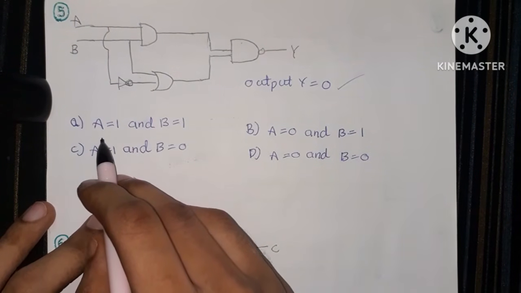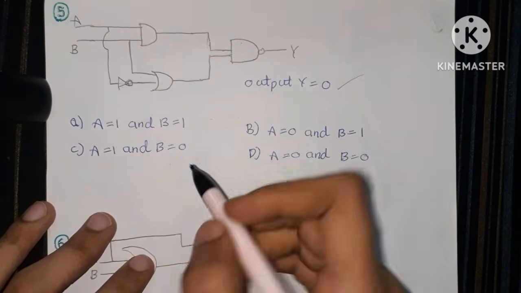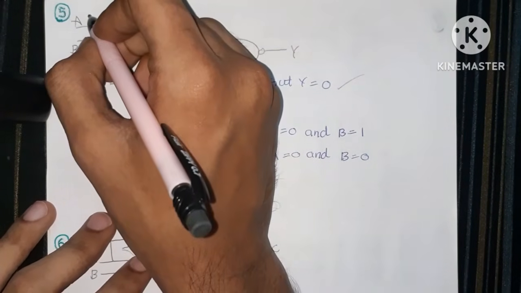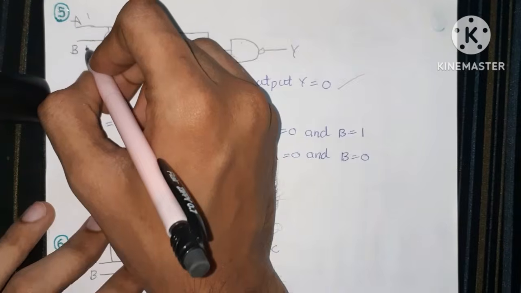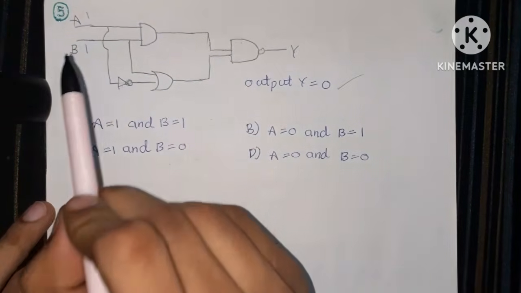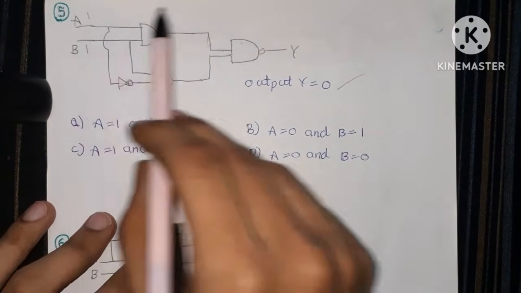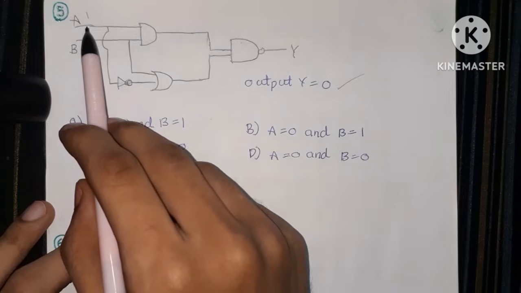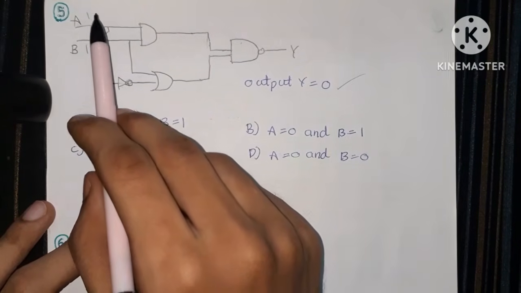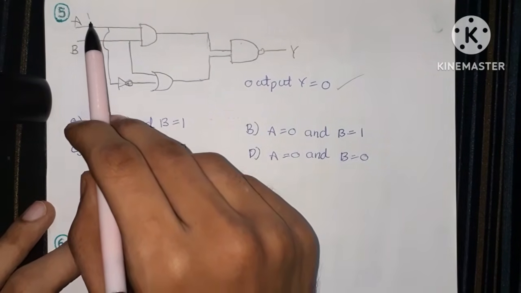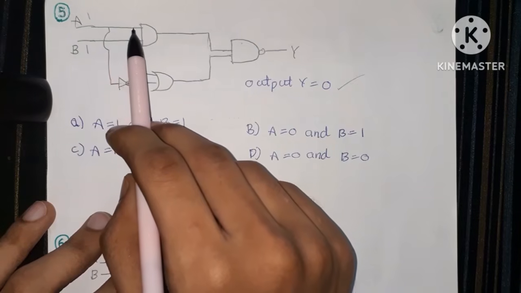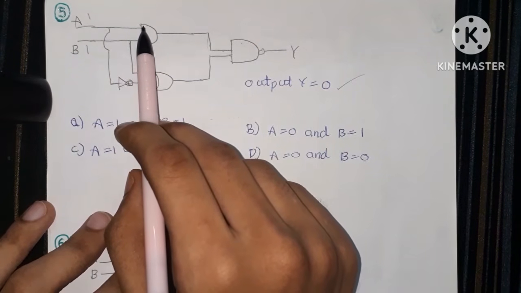as A equal to 1 and B equal to 1. Okay, I will take A as 1 and B as 1. Now see how signal A will go through the circuit. We gave input for A as 1, right? See, this 1 is going like this and 1 is stopped here.